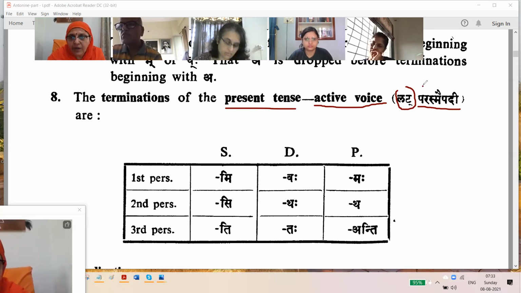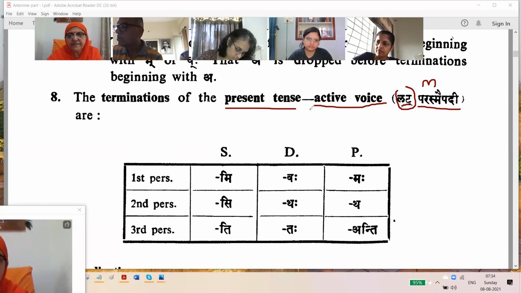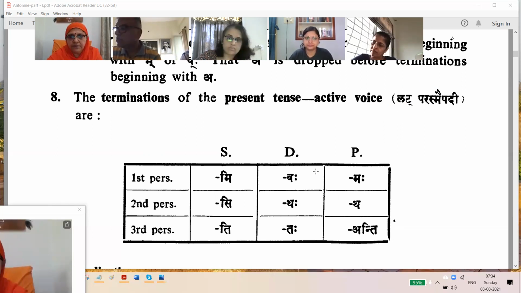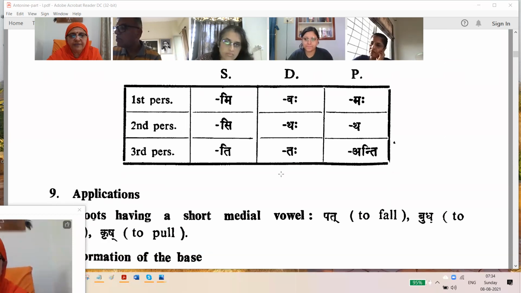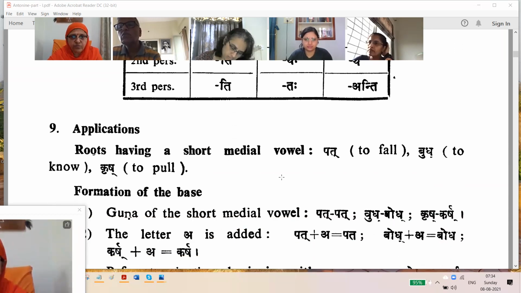Lung is past tense, lot is imperative, and vidhilin is the potential. But here lat is good enough. Lat is equal to present tense, active voice, parasmaipadi. So mi, vaha, maha, si, thaha, tha, ti, taha, anti.